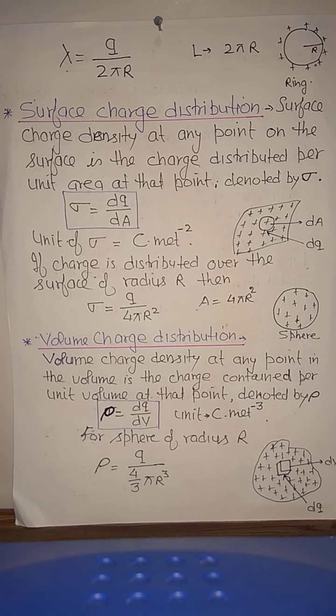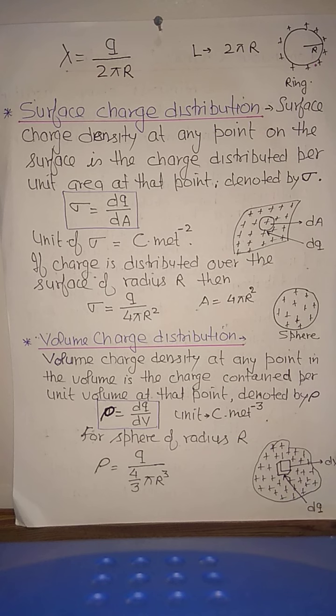And on the same pattern, the last topic of this lecture is volume charge density. If the charge is uniformly distributed in the entire volume, this will be volume charge distribution. And volume charge density at any point in the volume is the charge contained per unit volume at that point, and it is denoted by rho.